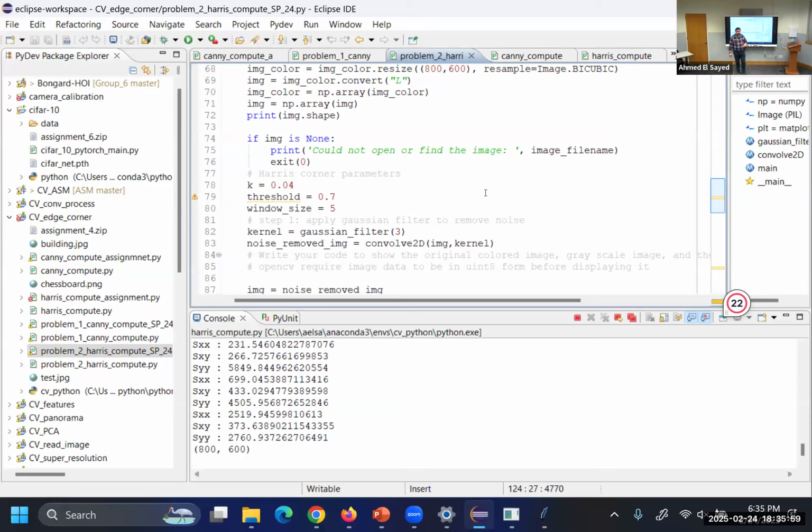K. Remember, the operator itself has a hyperparameter K. So we can choose a value of K that can change the corners and show the corners more. So change the K value, change the threshold value, change the sigma value, and finally change the window size. All of those can affect how many corners I can find in my image.